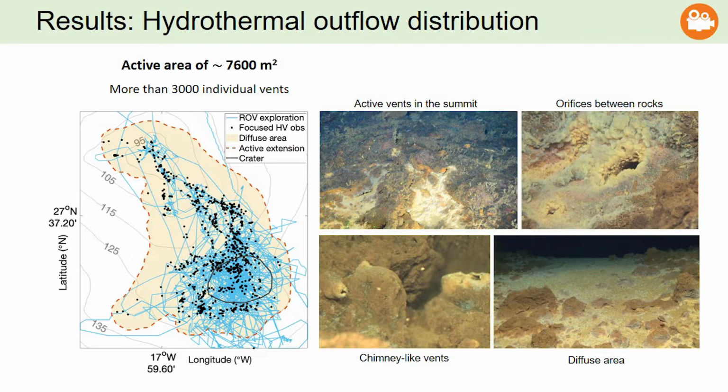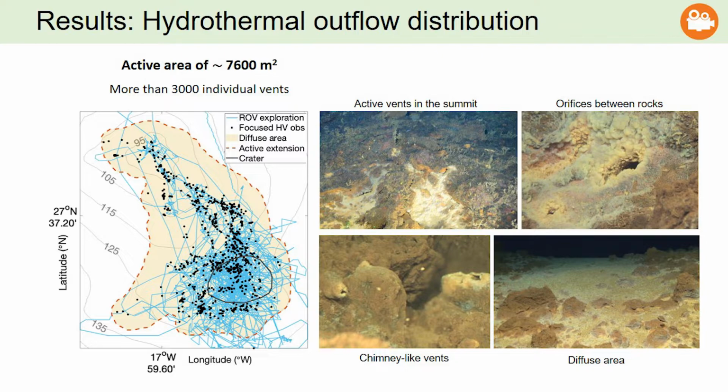I don't know if you are able to understand this number, but it's similar to a professional football field. Or, as I already checked yesterday, it is also the same area as this building, so you can have an idea of how big the active area here is.